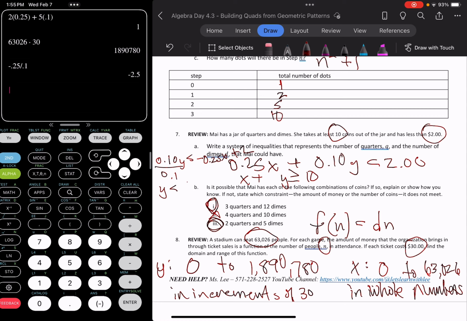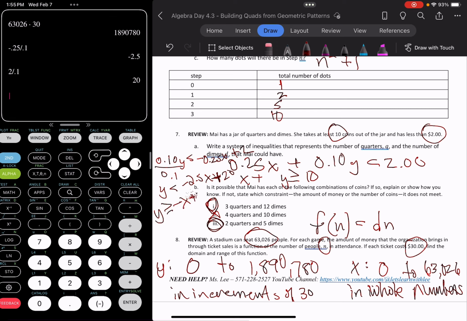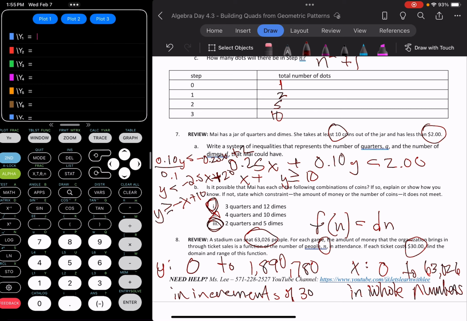So y is less than negative 2.5x plus 2 divided by 0.1, which should be 20. Okay, so that's one of our equations. The other equation would be x plus y is greater than or equal to 10, so y is greater than or equal to negative x plus 10. So I can graph those equations.